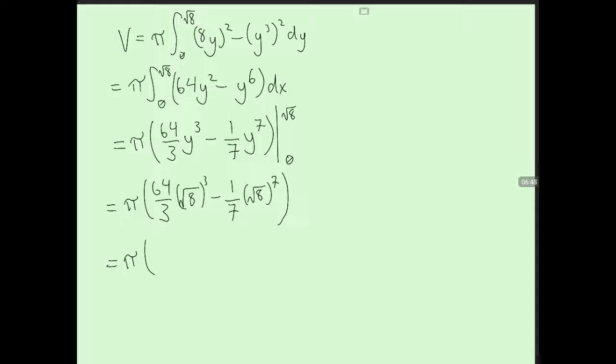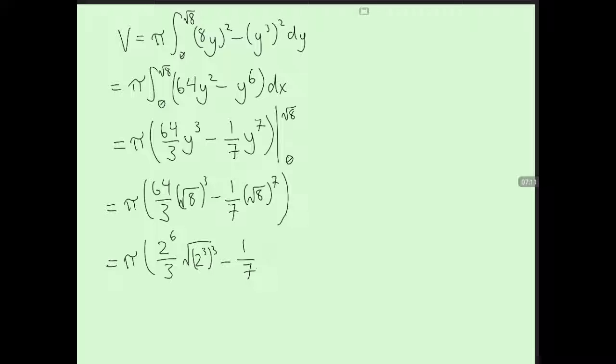If we want to simplify things further, we can write things in terms of powers of 2. We can write 64 as 2 to the power of 6 over 3 times the square root of 8, which is 2 to the power of 3, all to the power of 3.